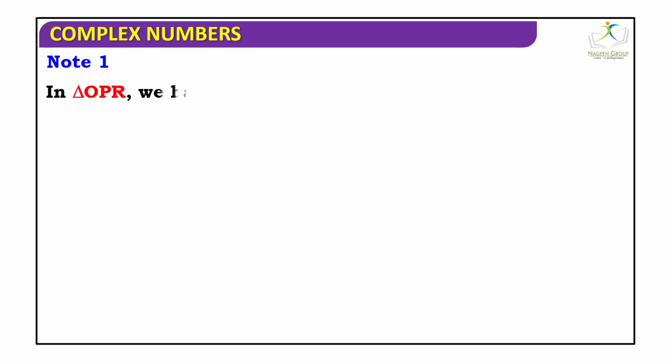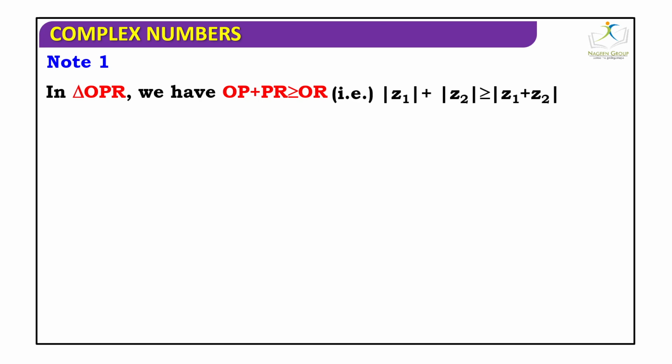Now note in triangle OPR, we have OP plus PR greater than or equal to OR. That is OP, which is modulus of Z1, and PR, modulus of Z2. So the sum of these values is always greater than OR, meaning greater than Z1 plus Z2.